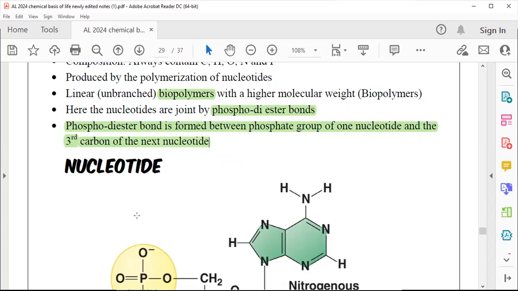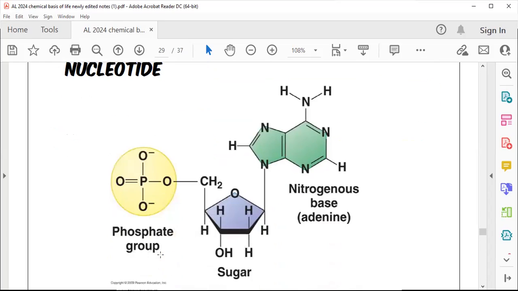Yes, sir. If you take a nucleotide, you studied this in O level, but only very basic things. There are 3 groups there. What are the groups? Just look at the picture and tell me.